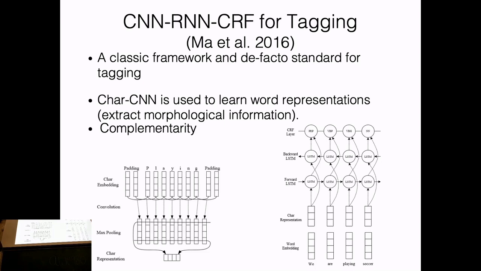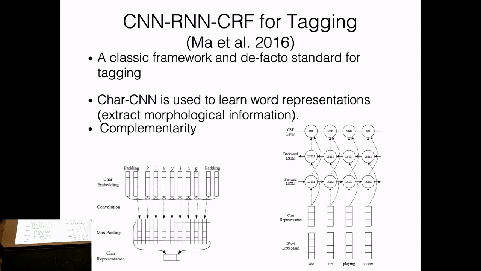I introduce this work because it also provides a very general framework called CNN-RNN-CRF. This framework has currently become a de facto standard for the tagging task. So it is also worthwhile for you to implement this framework.